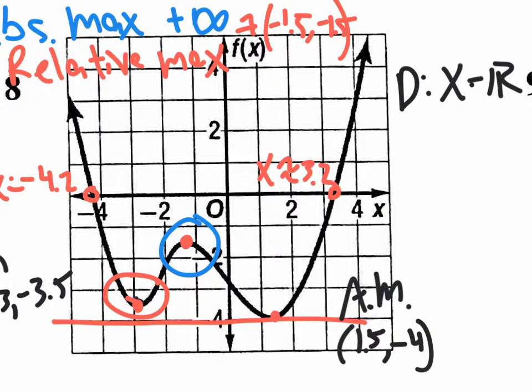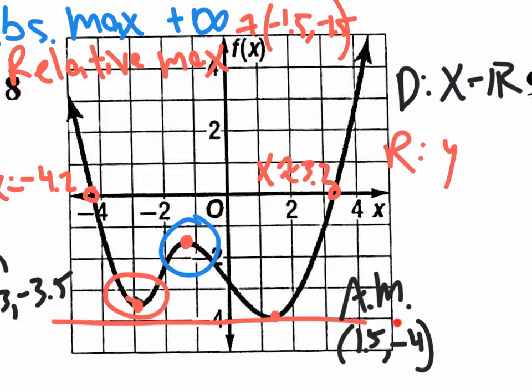Now when you talk about range, you're talking about the y values, and the range is either your graph is above a certain value or below a certain value, or it goes in both directions forever. Does this graph go up and down forever? No, it just goes up. And obviously we stated that this was a minimum point. So the lowest point is right here, and we're talking about y values only.